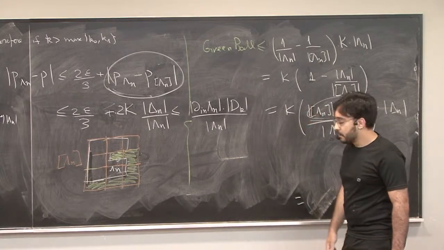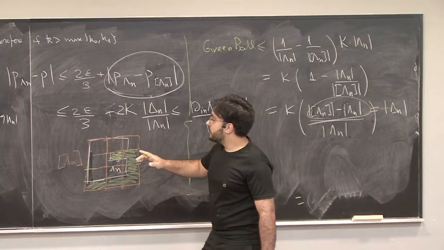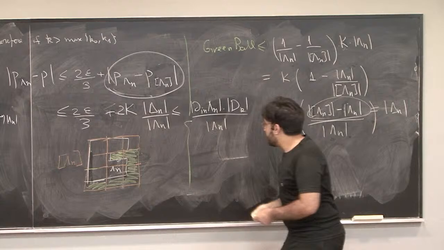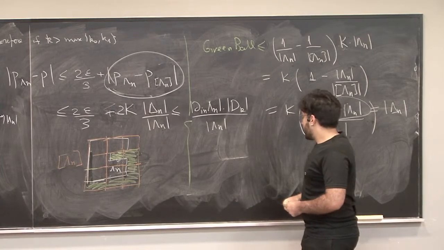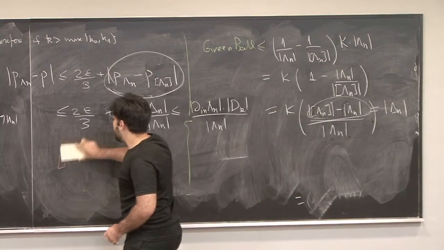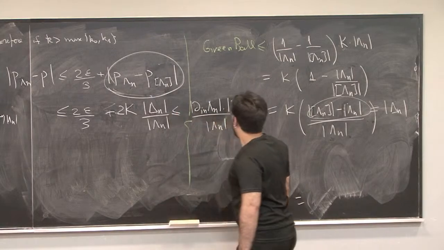Okay? But now remember that we took k larger than k0 and k1, but fixed. So we can take now the limit in n.